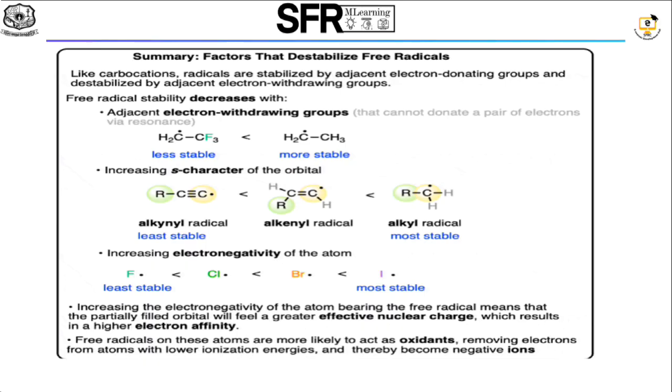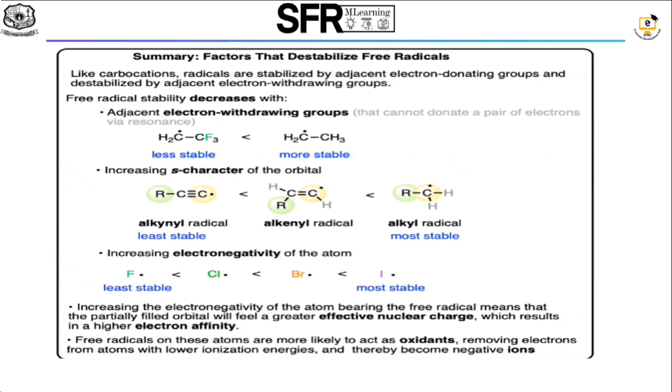Another stability affecting factor is the electronegativity of the atom. A free radical attached to a highly electronegative atom is less stable, and as electronegativity decreases it becomes more stable. For example, in the halogen family, the fluorine radical is less stable and the iodine radical is more stable.